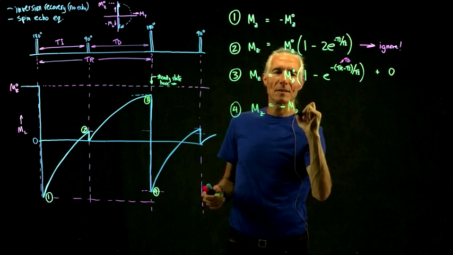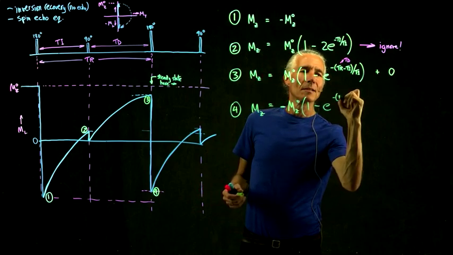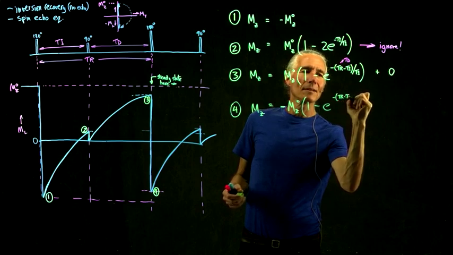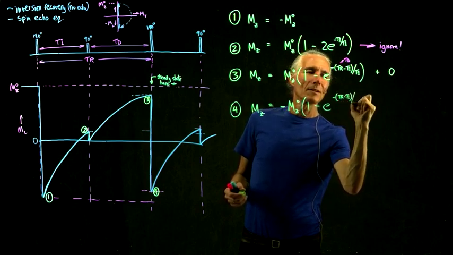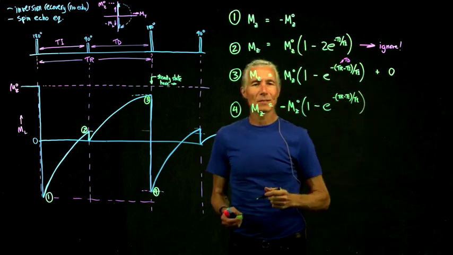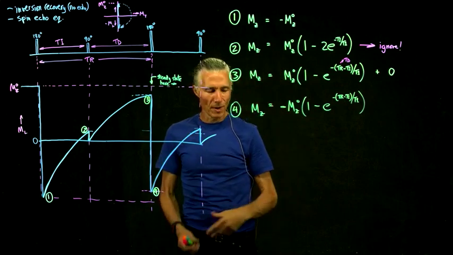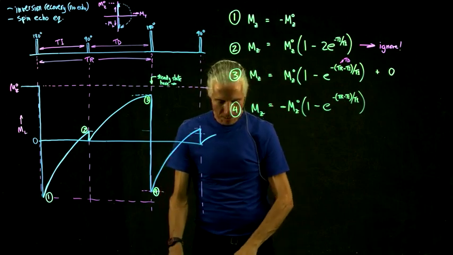So Mz0 times 1 minus e to the minus (TR minus TI) divided by T1, in parentheses. Okay, so that was just our 180. So that's how you do a 180 when you're running these equations.